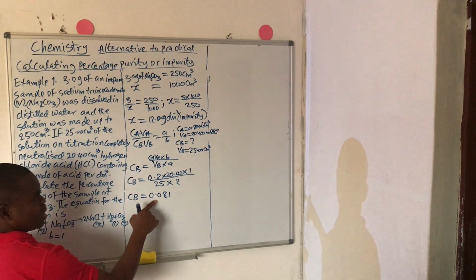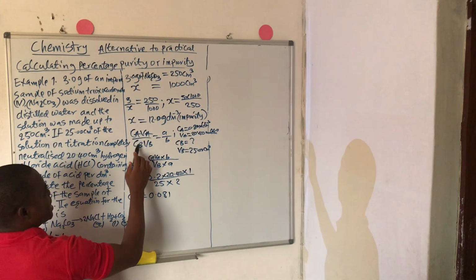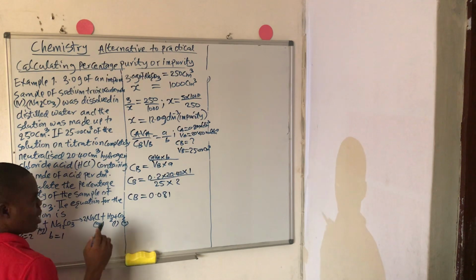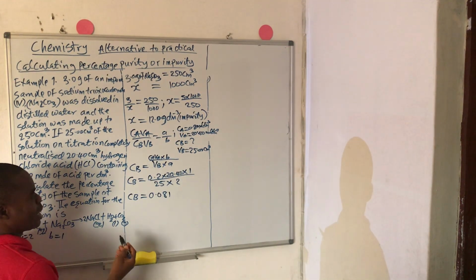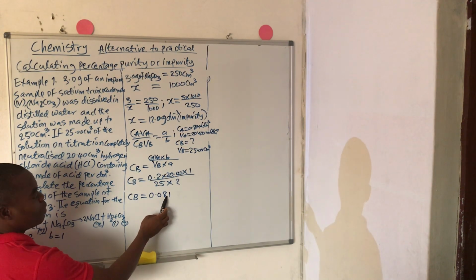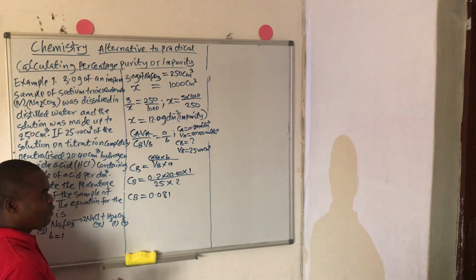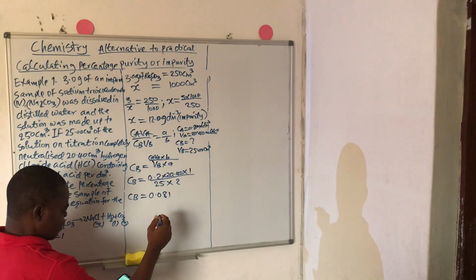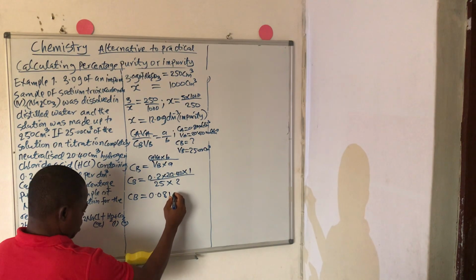Make sure that this value is to 3 significant figures. In your WAEC exam, whether May/June or GCE or whichever WAEC exam you are writing, the values of CA and CB must be to 3 significant figures. To make it 3 significant figures, the last value I have there is 686.